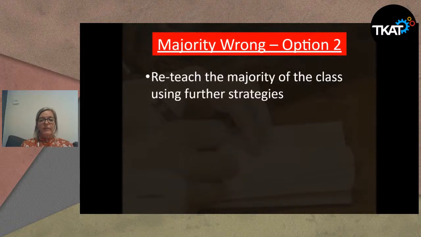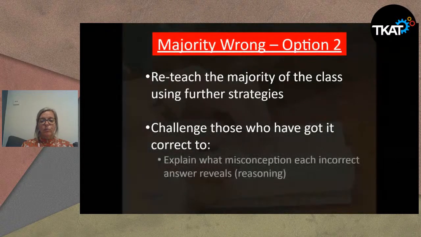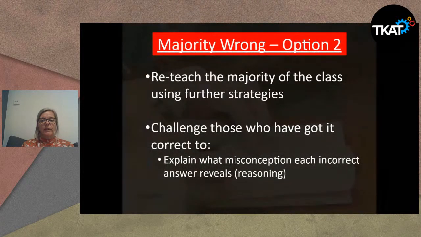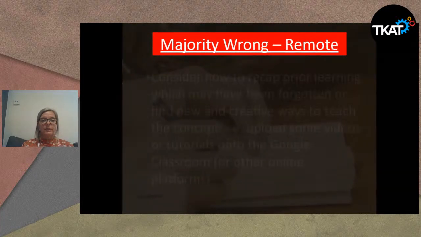You might reteach the majority of the class using further strategies if the majority get your quiz wrong, and challenge those who have got it correct to explain what misconception each incorrect answer reveals. So really pull out the reasoning.